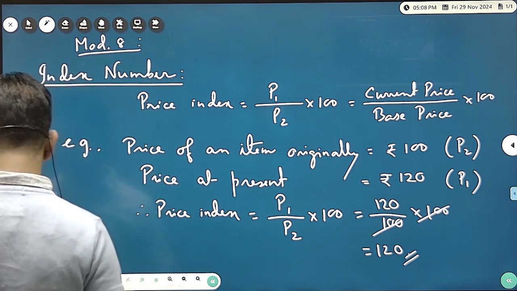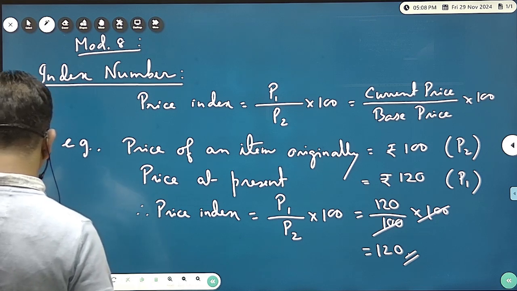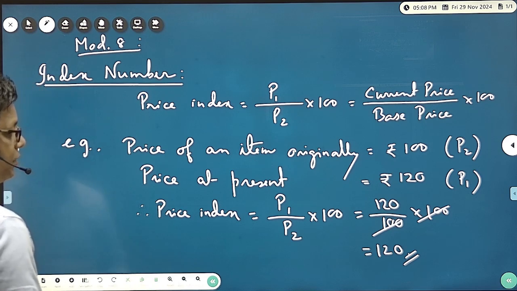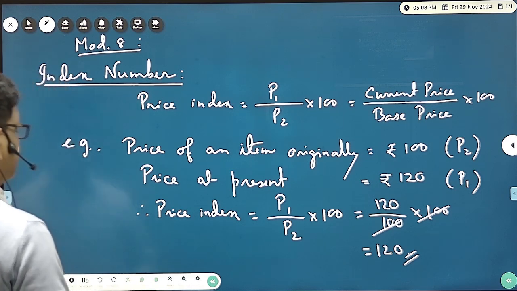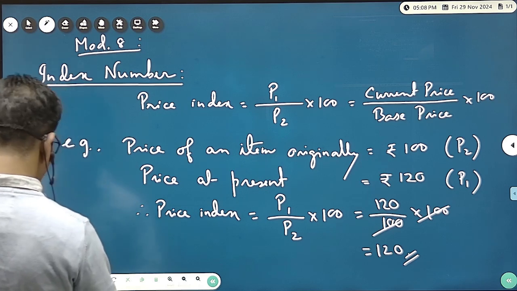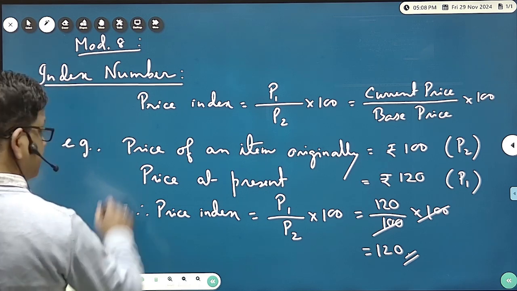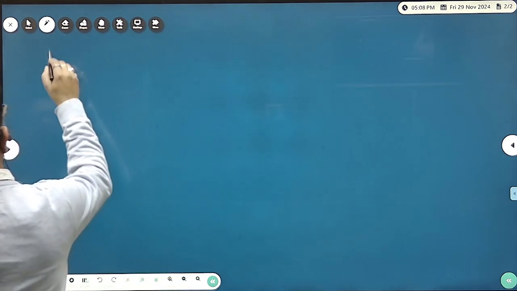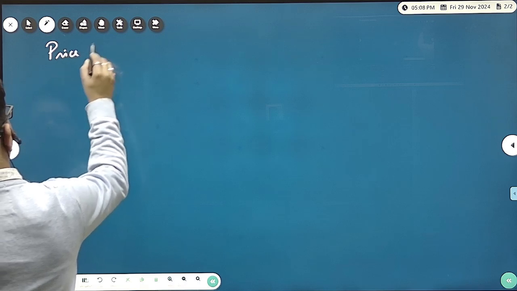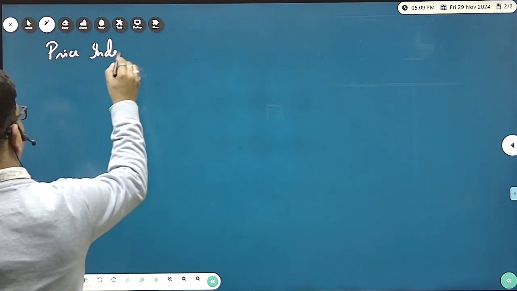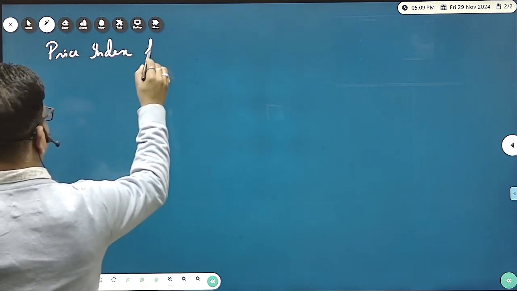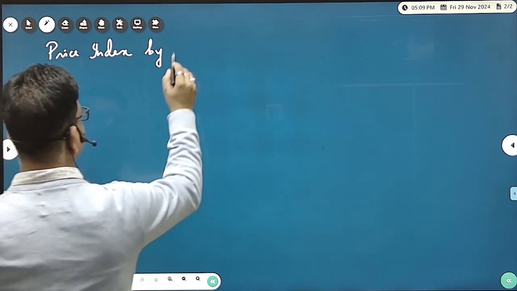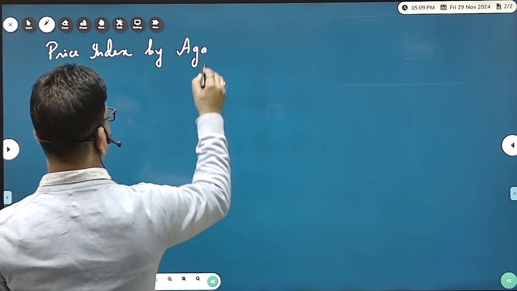Now if I go to the next slide to explain price index using aggregative method. Okay, so I'm going to a little bit difficult or complicated topic of price index. This is a very basic one. So let me explain price index by using aggregative method.